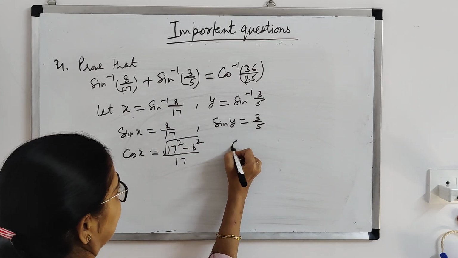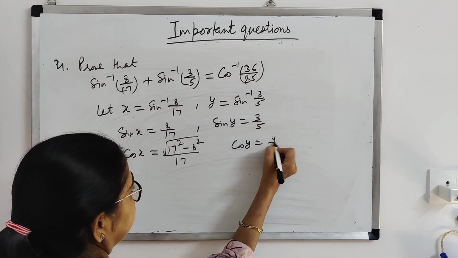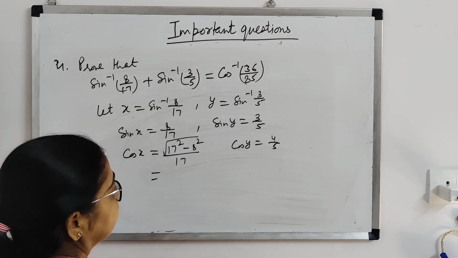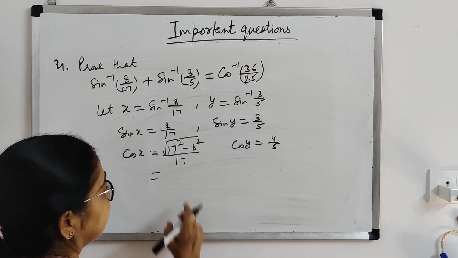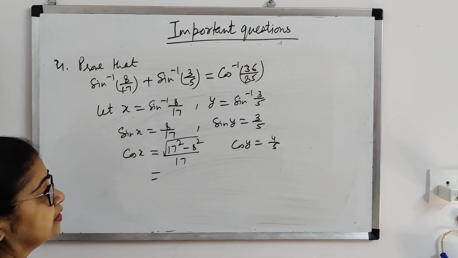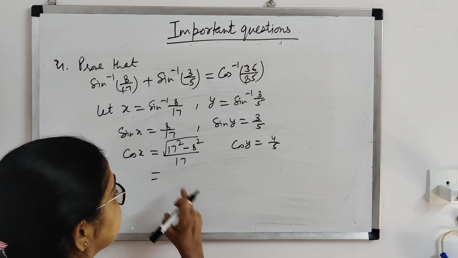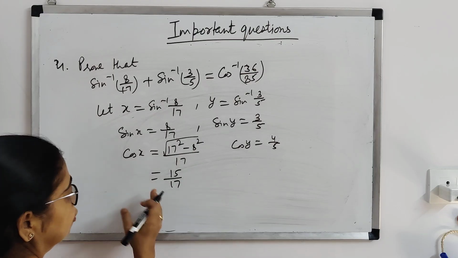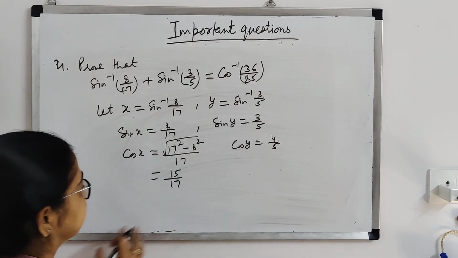And similarly cos y is 4/5. If you know Pythagoras triplets, you need not show all these steps.